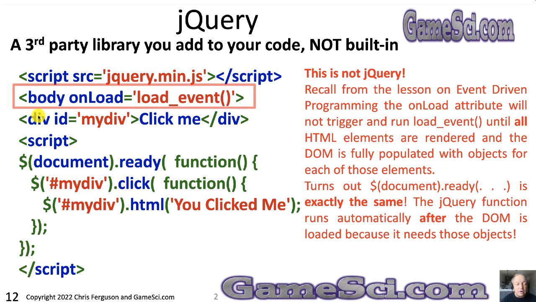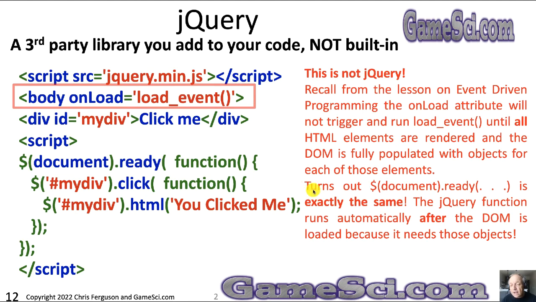This is not jQuery. Body onload equals the load event. When this web page finishes loading, call this function load event. Recall from the lesson on event-driven programming, the onload attribute will not trigger and run load event until all the HTML elements are rendered and the DOM is fully populated with objects for each of those objects.